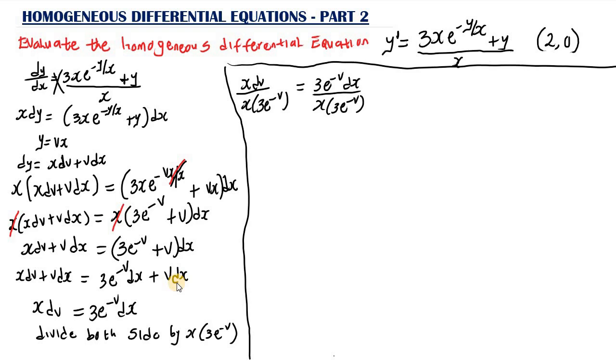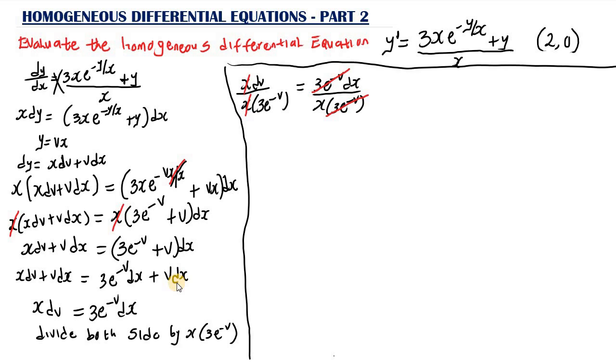So on the left side, s is going to cancel s. Then on the right side, 3e raised to the power of negative v is going to cancel 3e raised to the power of negative v.